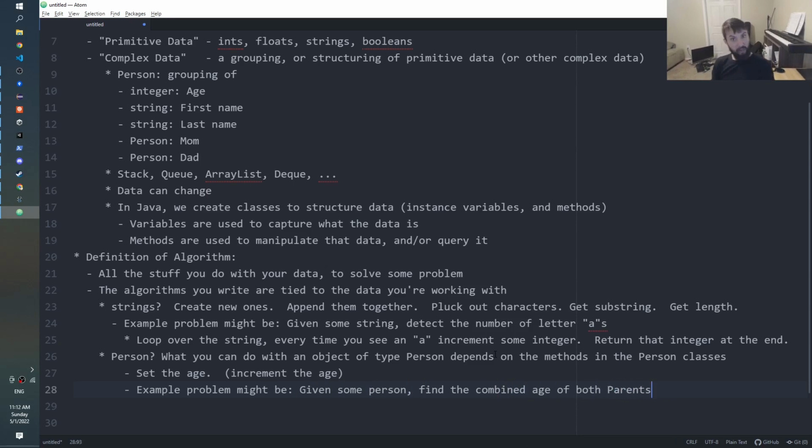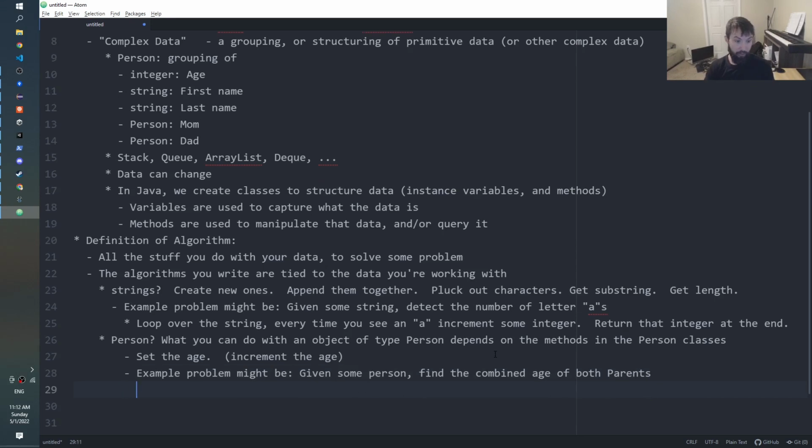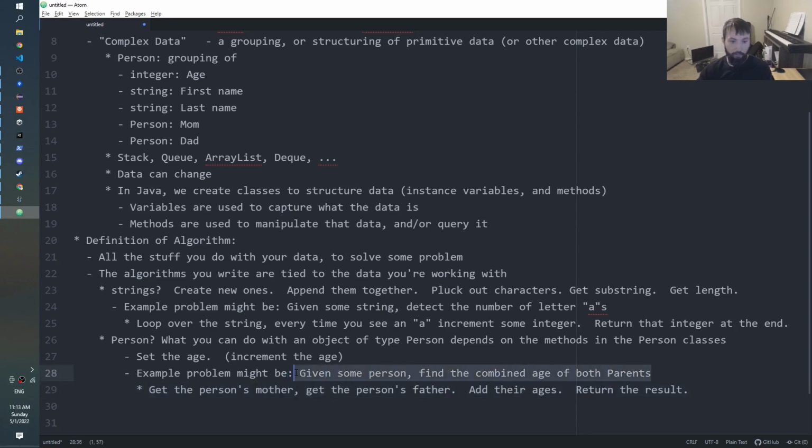So that's an example problem, which a solution might be get the person's mother, get the person's father, add their ages, return the result. That's an example algorithm that solves this problem.